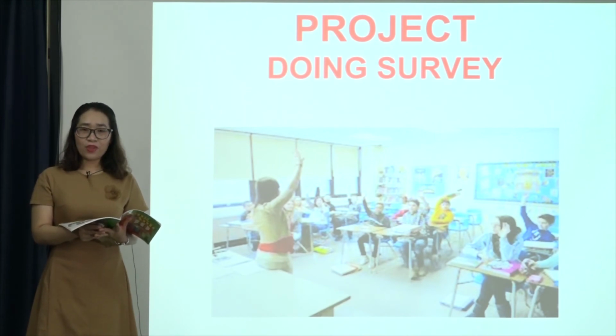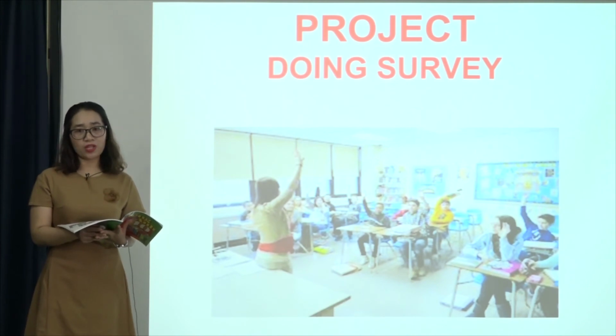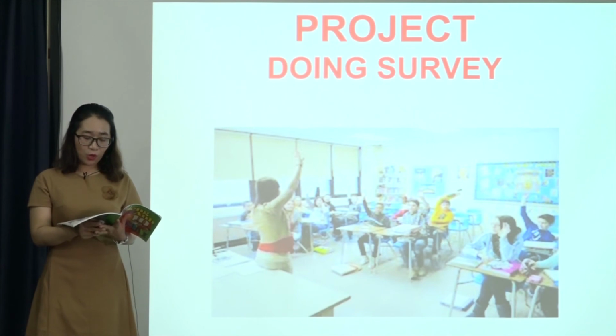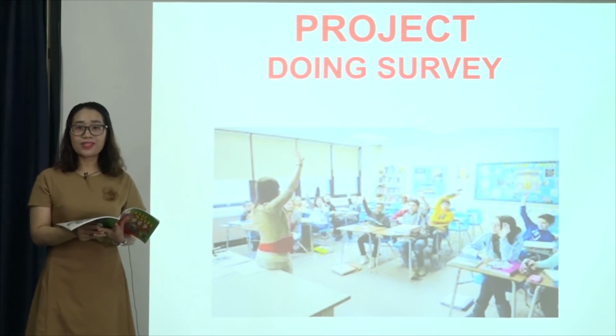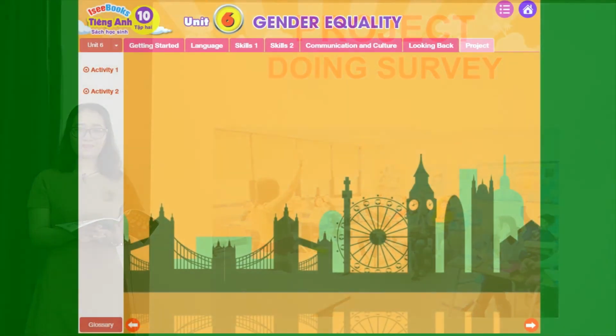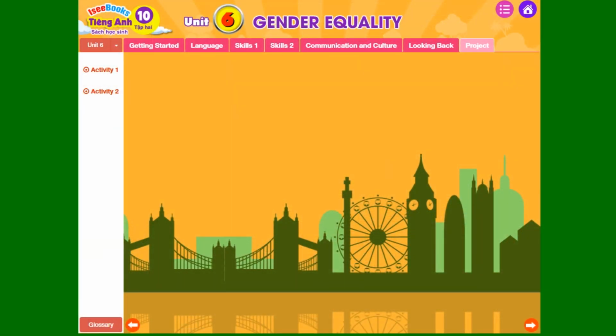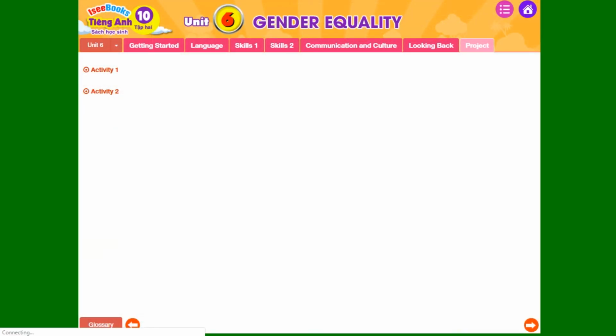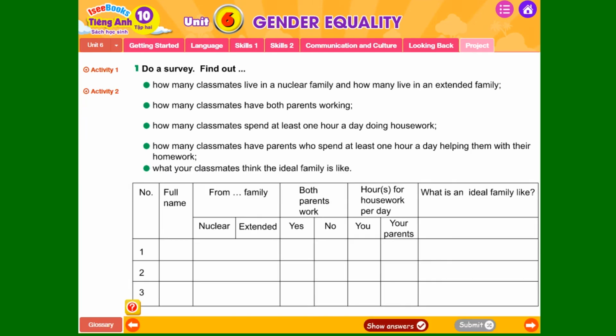If you prepare the lesson in the classroom, you can exchange your ideas with your partner or your members in your clubs. And if you study in iSee Books, you can press on show answers to consult more information. Project. 1. Do a survey. Find out.